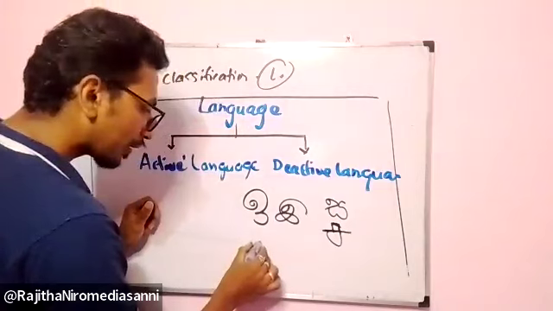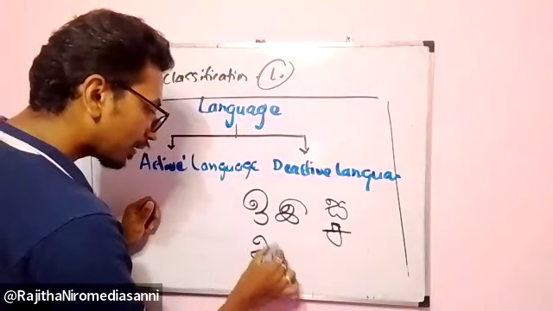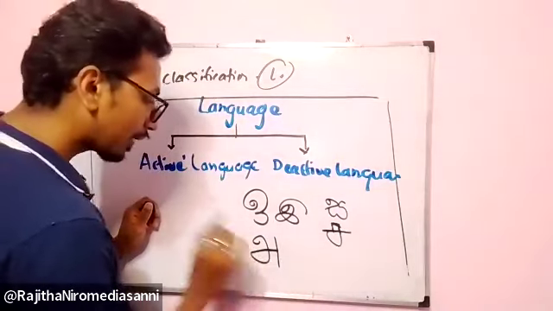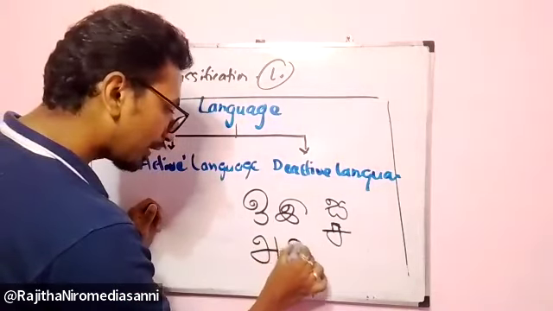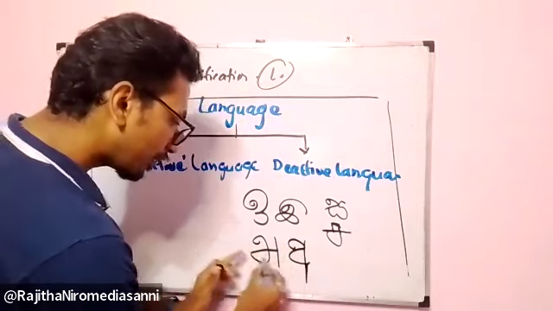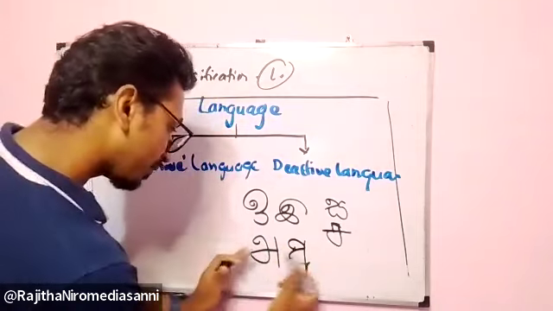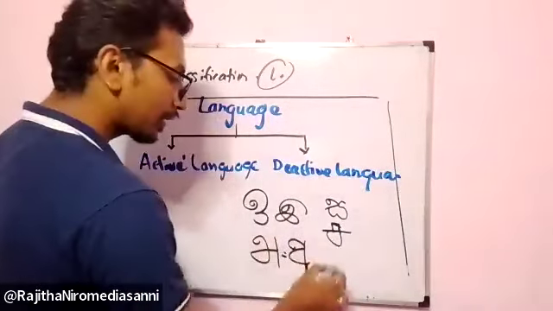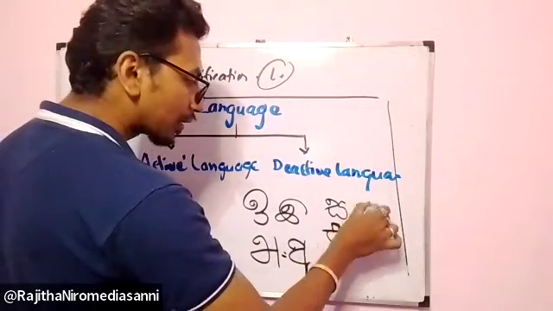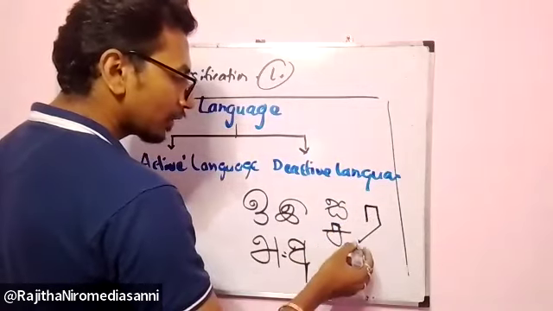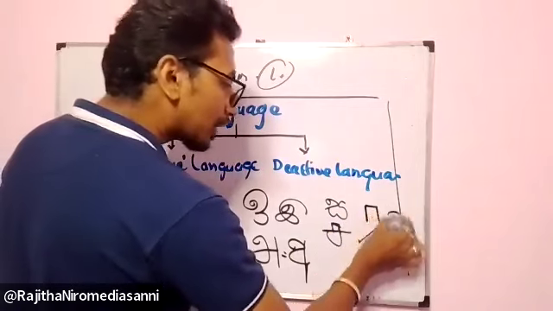And in Tamil, the A, this one like this, and our A like this. Similar ideas are there. Close, no? Think about that. Their R like this, and our R like this.